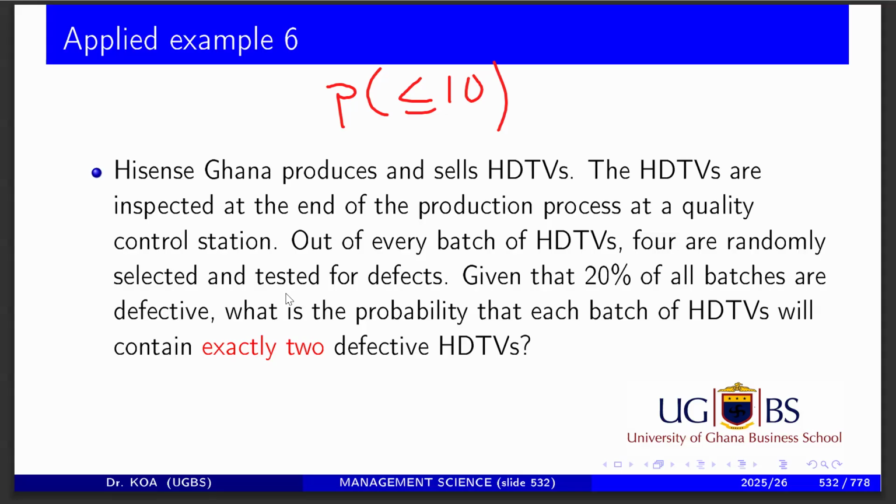So it's binomial. Good. The outcomes are two, because we have defective and non-defective batches. That's one. Second, we have 20% of all batches, so you're able to get a probability of defective batches, which is the probability of success.